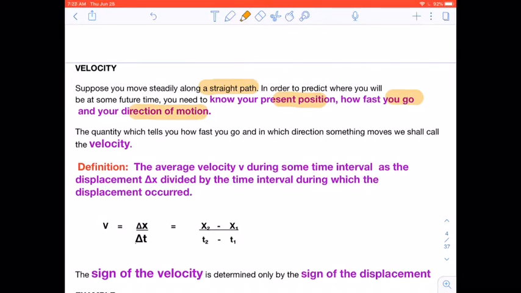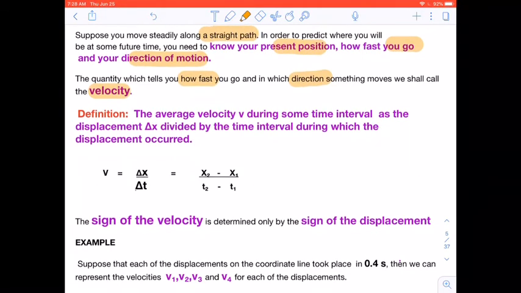The quantity which tells you how fast and in which direction something moves is called velocity. The average velocity v during some time interval is defined as the displacement divided by the time interval during which the displacement takes place.